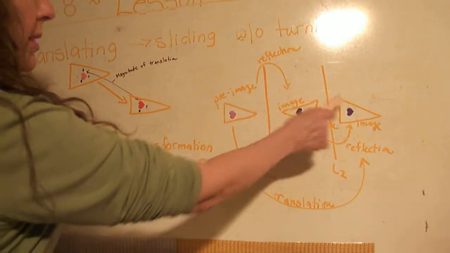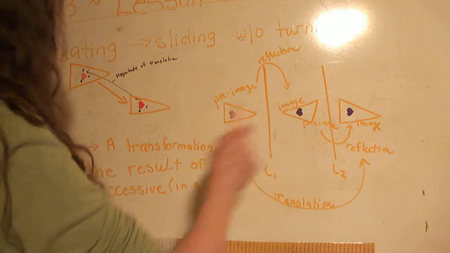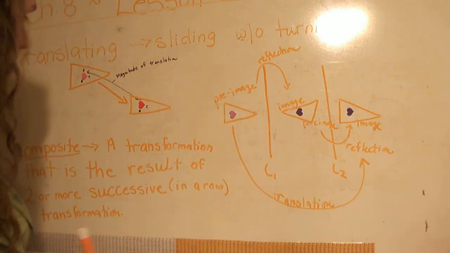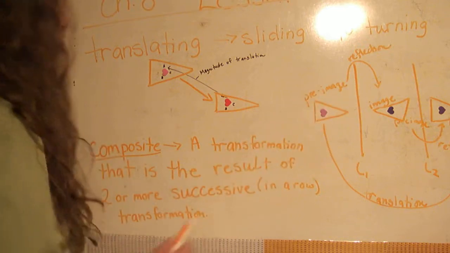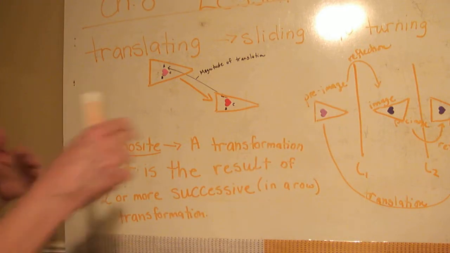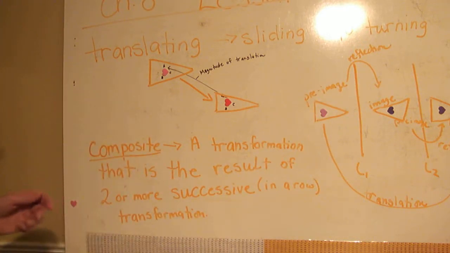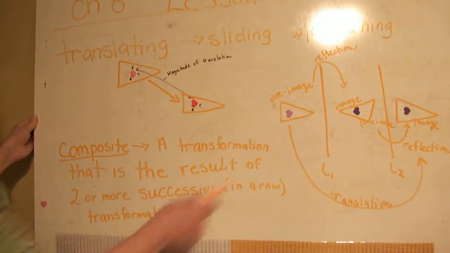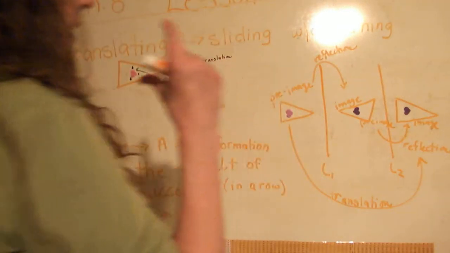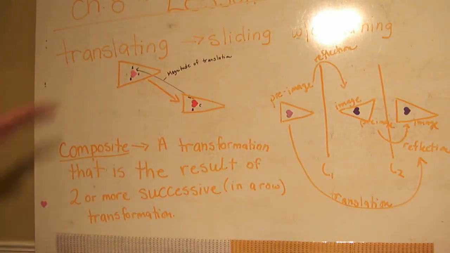So that was two steps, two reflections, or two transformations, and that's called the composite. When you have two or more transformations in a row, the end product is a translation. So they're facing the same direction, and it's like the same image, just sliding.